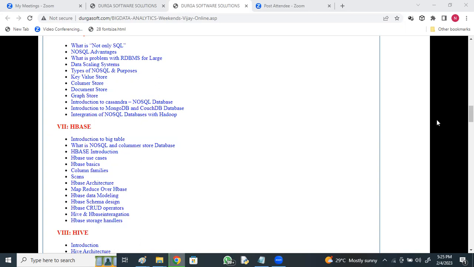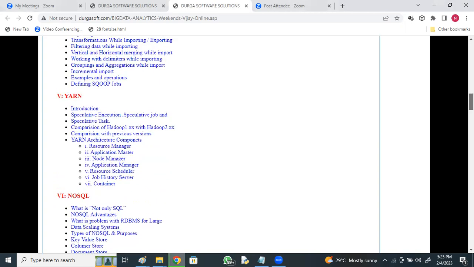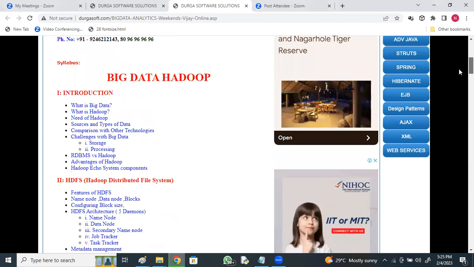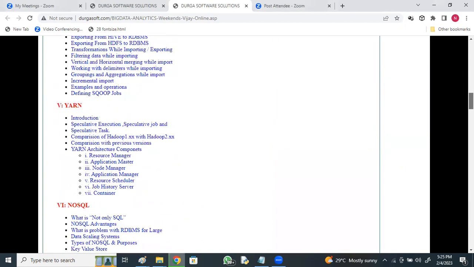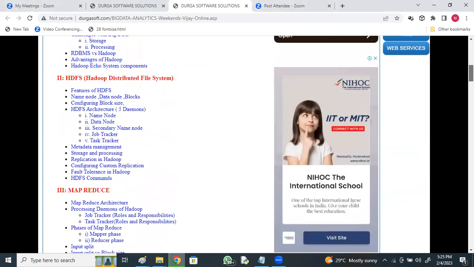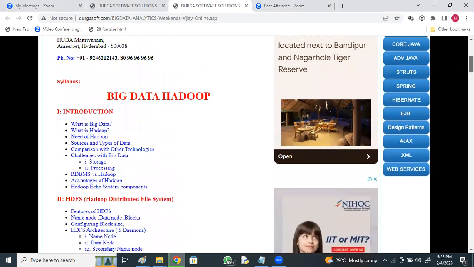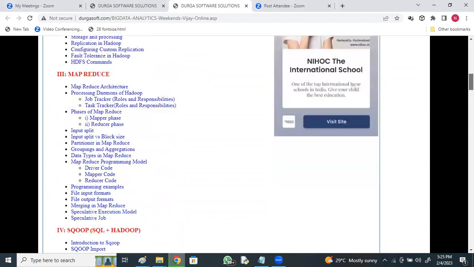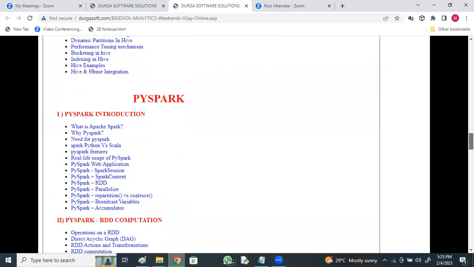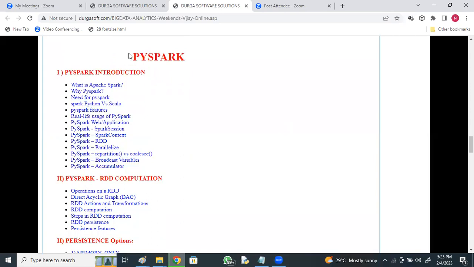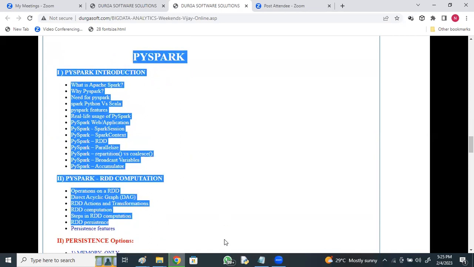So this is a combination of two courses, Hadoop and PySpark. Previously only a PySpark batch was there, so Hadoop is the extra content. You can see that this entire thing I'm discussing, Hadoop is covered up to here, and later comes PySpark.